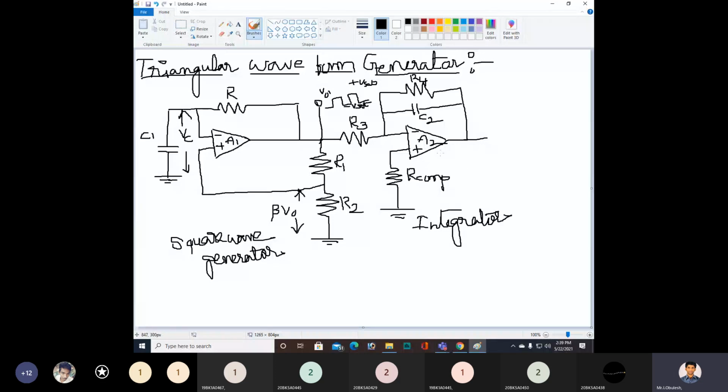So the combination of these two gives us the triangular waveform generator diagram. If you combine both, then you will get the triangular waveform generator.